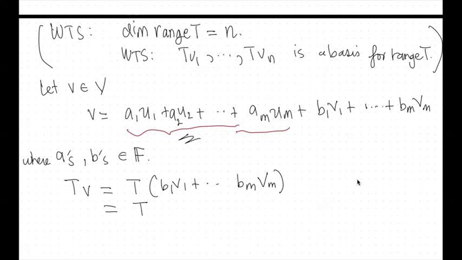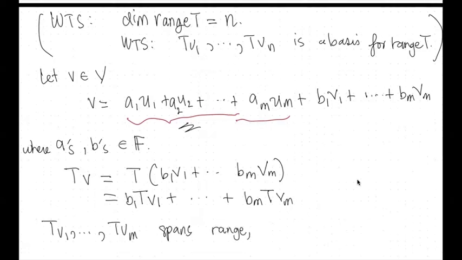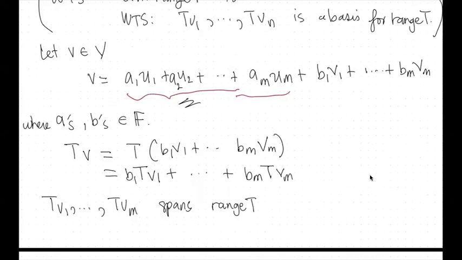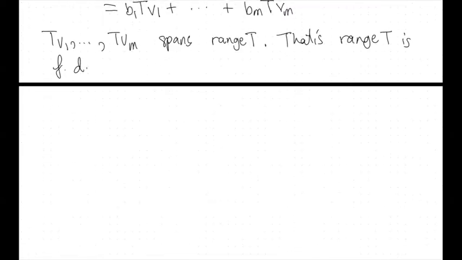Applying the property of linear maps, we get B1 T of V1 plus up to BN T of VN. Now, this means that TV1 up to TVN spans range T, and in particular, range T is finite dimensional.